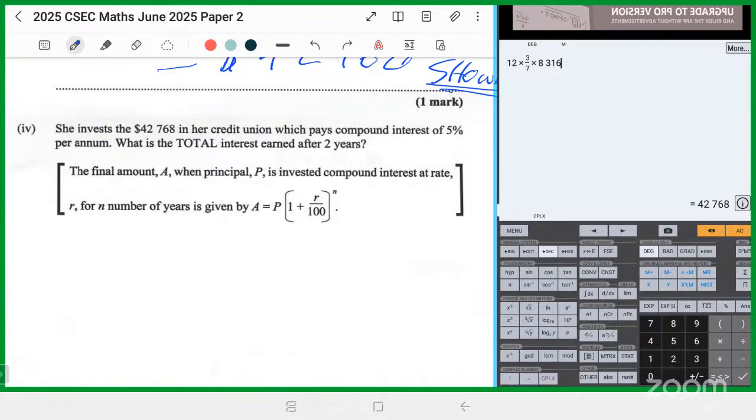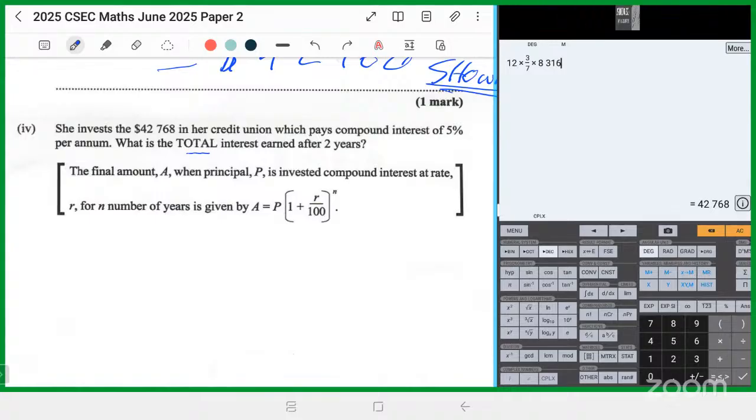They give us a formula here for the total amount. This is the final amount A, when the principal P is invested in compound interest at a rate of R for N years. So this formula will give you the total amount that she has.